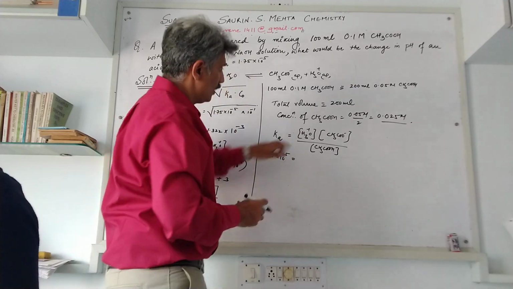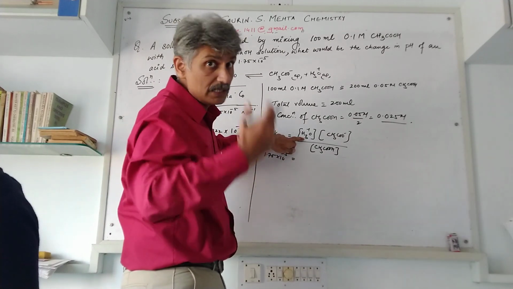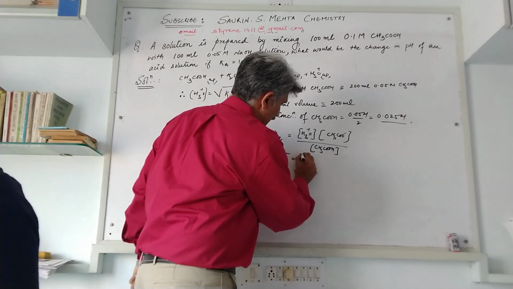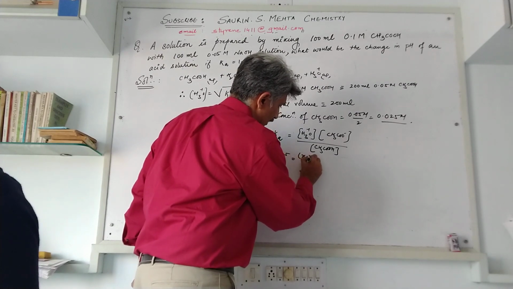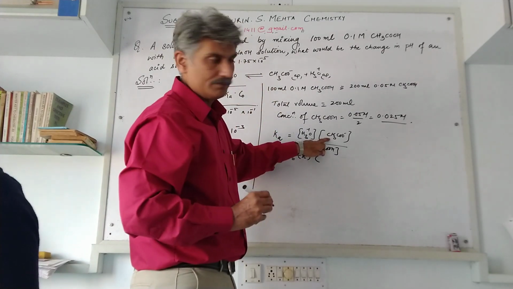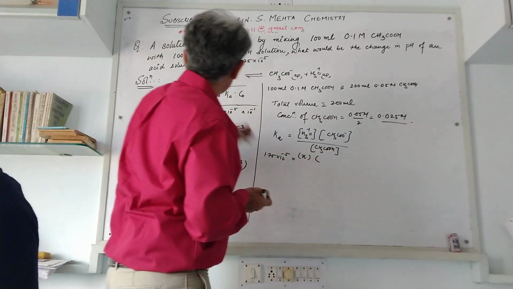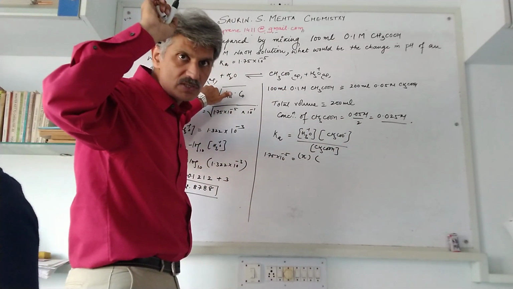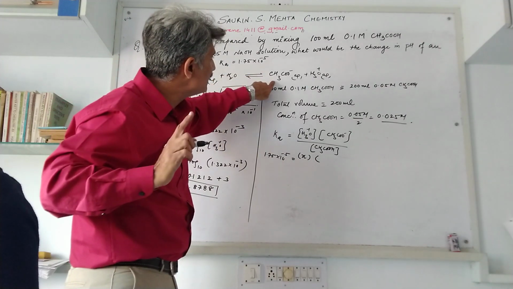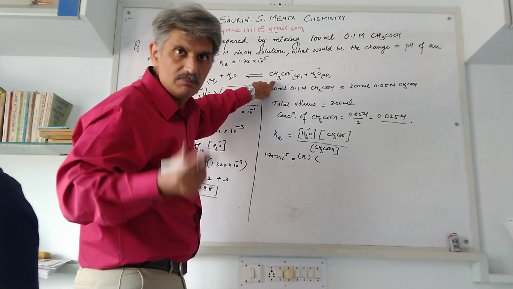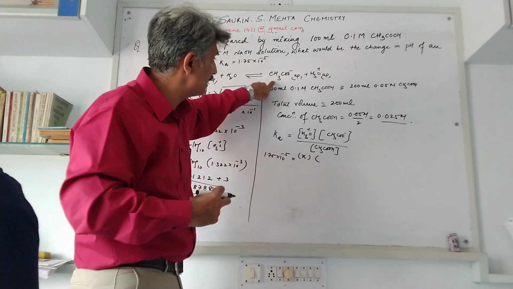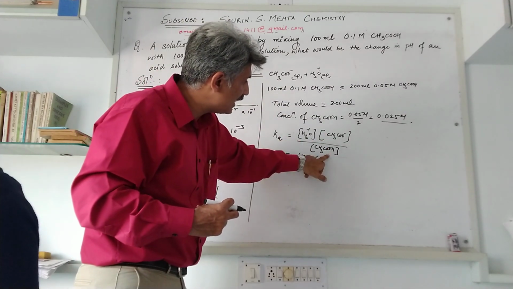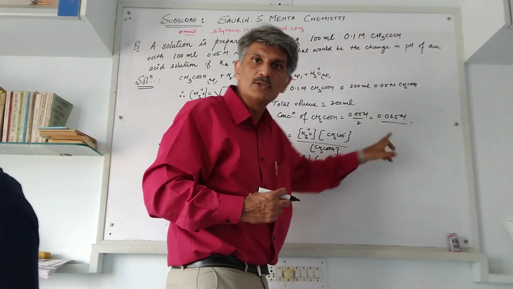That is equal to, what is H ion? It is to be found out. So we'll write H ion as, let us say, X. What is acetate ion? Now see, if acetic acid was 0.025 as far as our ionization constant theory is concerned, then acetate ion also will be the same because it is for the same acetic acid. So here acetate ion and acetic acid value will be 0.025.